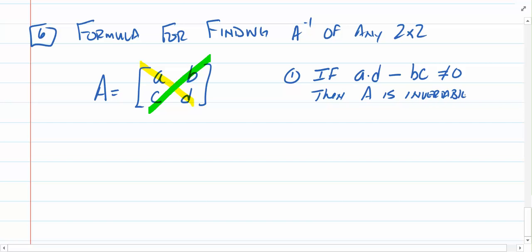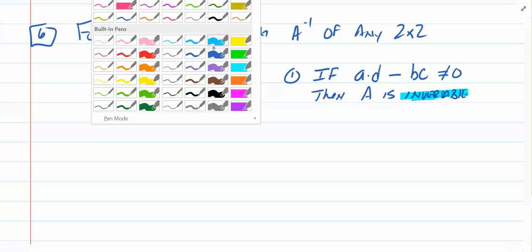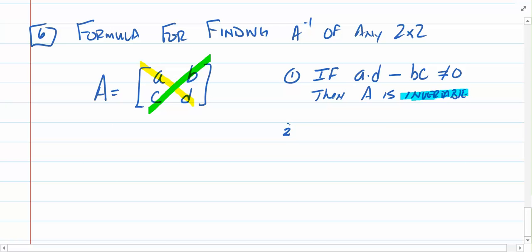And what does the word invertible mean, you guys? That means it has an inverse, right? So number 1, check to see if the cross is not equal to 0, then A is invertible.